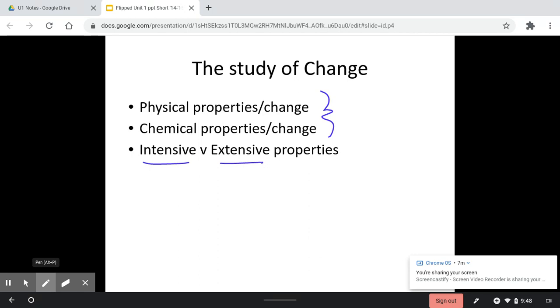By derived units, I mean something that you can calculate, like volume. If you take length times width times height, you're going to get volume. So we don't necessarily have to measure volume. We can derive it from length, width, and height. Same thing with density.